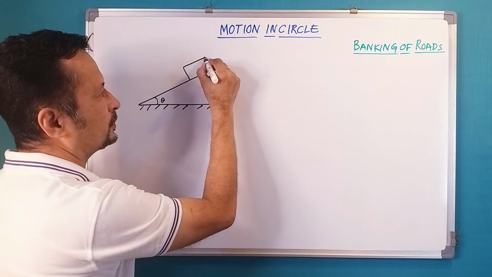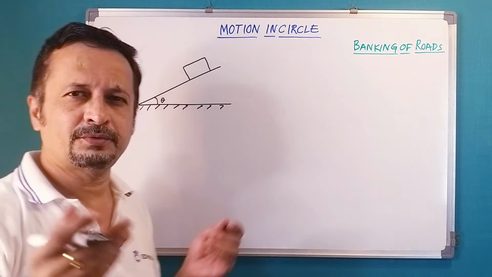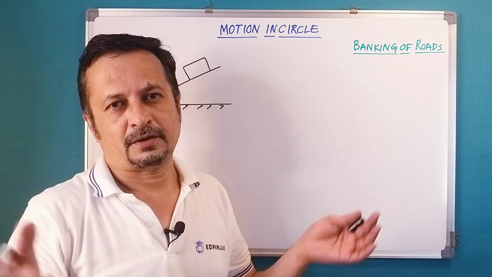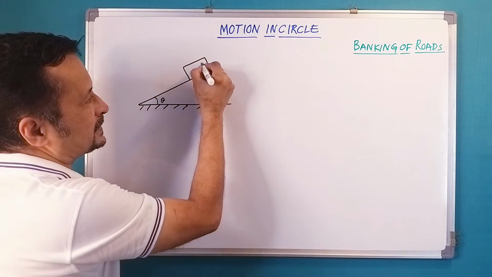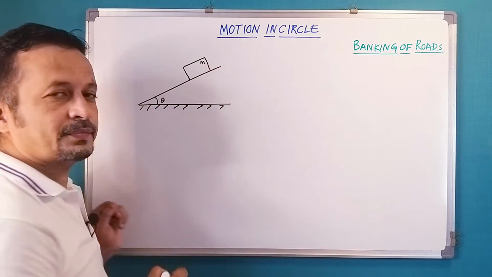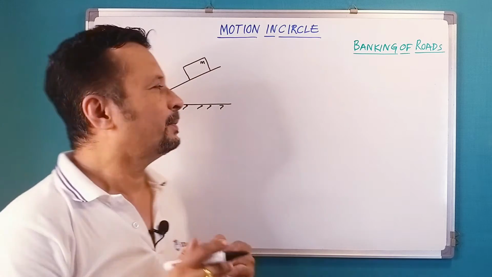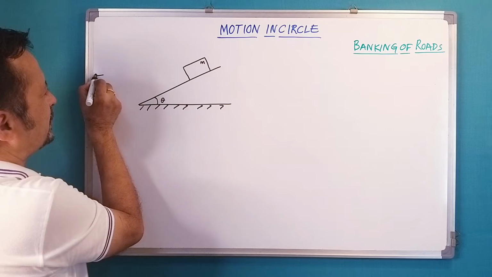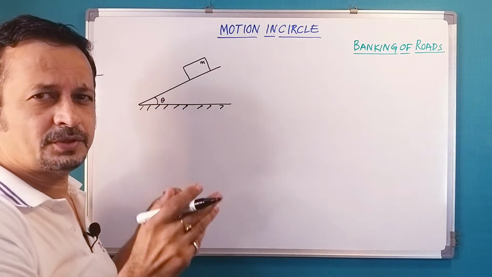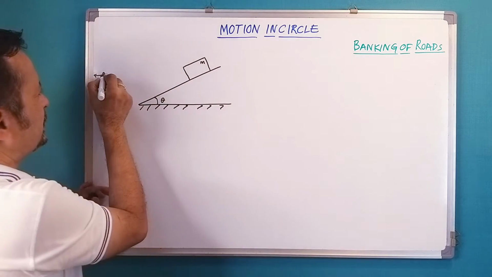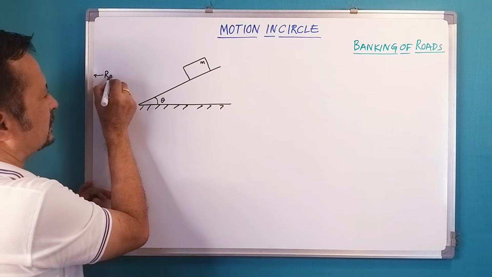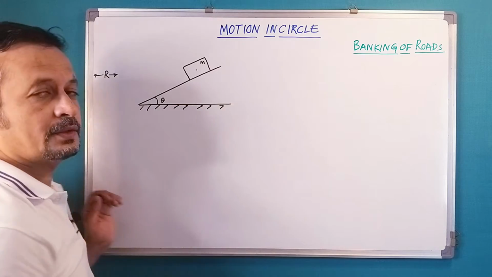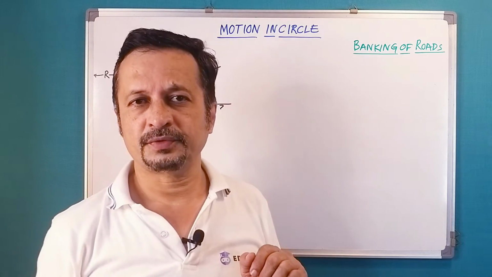Now I am going to have only a rectangle here. You just have to take it as a car, of mass, let us say, m. My center of this curve will be somewhere here. I'm not going into much detail, but the radius of the curved road is r, up to the center of mass of the car.